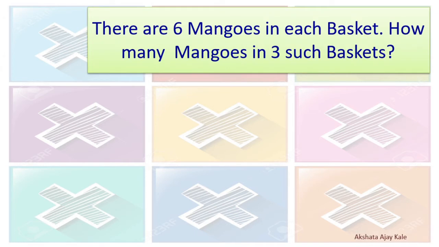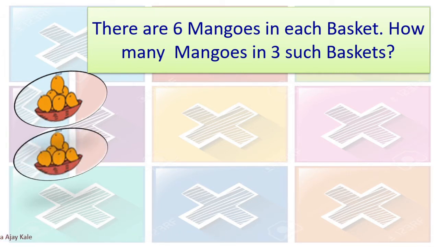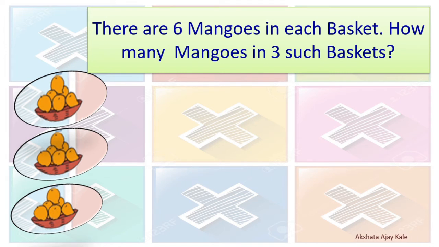One more sum we will go through. There are 6 mangoes in each basket. See here, basket is there and mangoes are there. How many mangoes in 3 such baskets? Yes, only 3 baskets are there. Now we have to tell the total number of mangoes in 3 baskets. Same thing is there, correct?